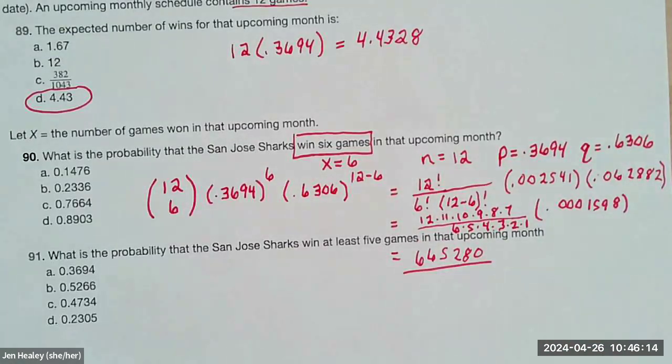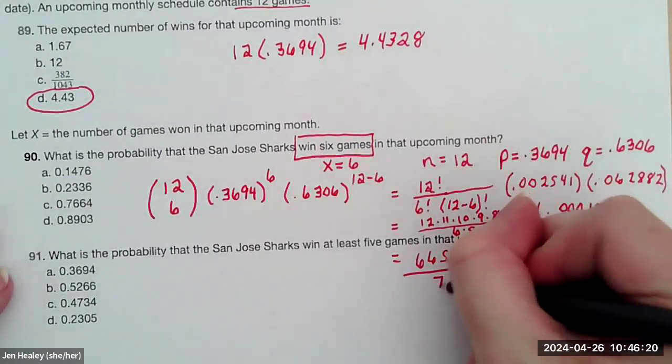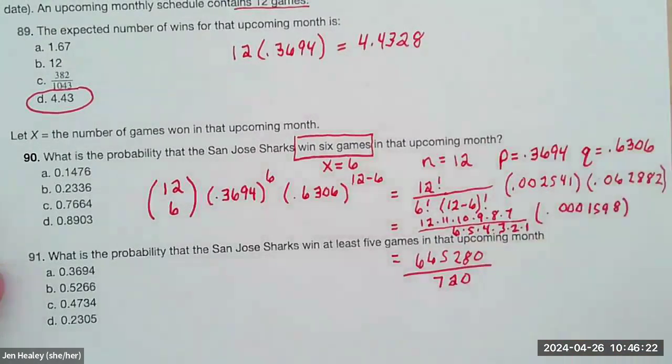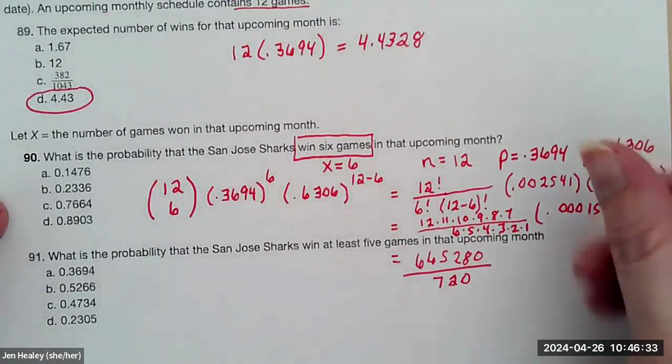And then 6 times 5 times 4 times 3 times 2 is 720. So that's 924.